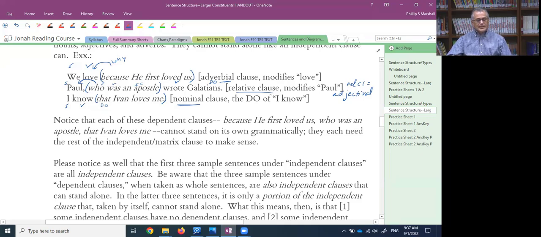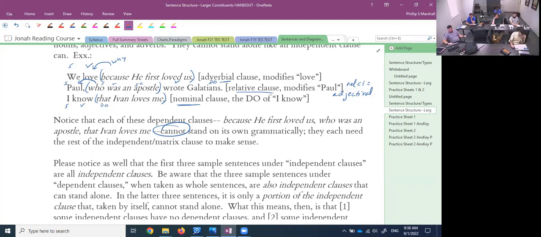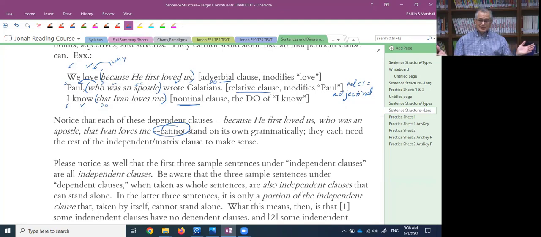Now, taking each of these embedded clauses on their own, because he first loved us, who was an apostle, and that Ivan loves me, none of these can stand on their own grammatically. If I just walk up to you and said, hey, Johnny, because he first loved us, have I given you a dependent or an independent clause there? I've given you a dependent one, but without a larger clause to embed it.